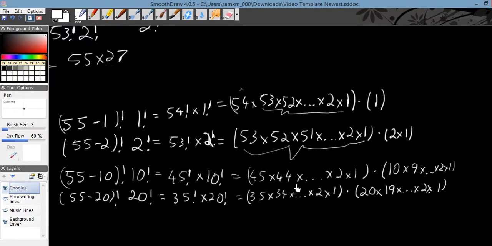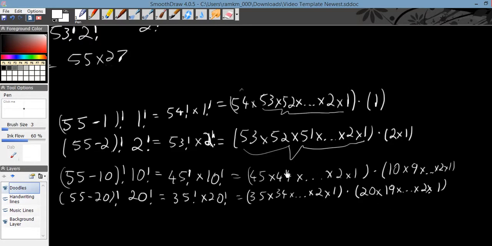They both have 35 factorial in common. If you can see this first one here, 45 times 44, this will be 43, 42, and all the way to 1. This contains 35 factorial. And clearly so does this one. But what about the rest? They contain 20 other factors here.